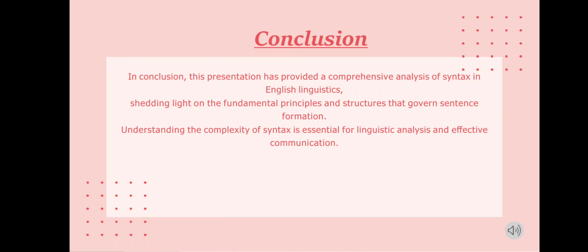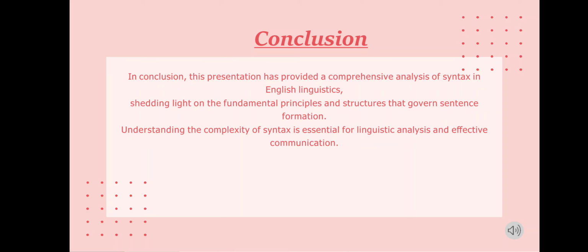So, in conclusion, this presentation has provided us a comprehensive analysis of syntax in the English language, diving into the parts of speech, word order, and sentence structure.